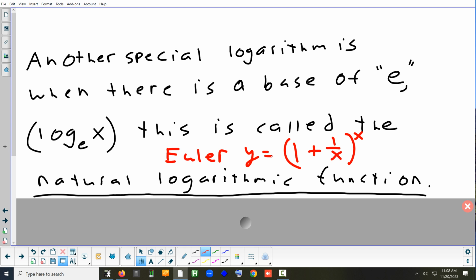But I'm not exactly sure how you derive e. I know how you derive pi. Circumference equals pi times diameter. You take the circumference of a circle, divide by its diameter, and that gives you 3.14. So look up how to calculate e.